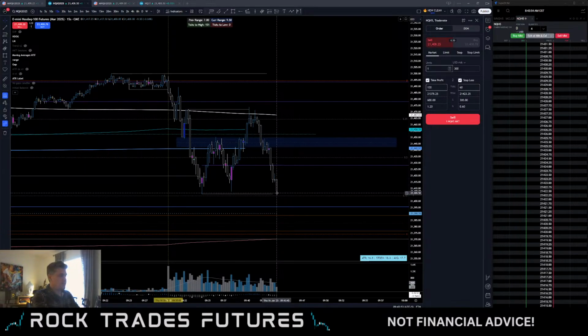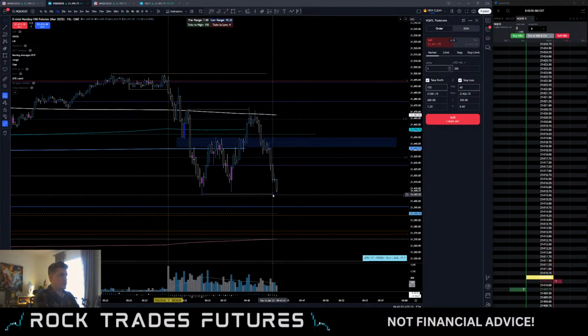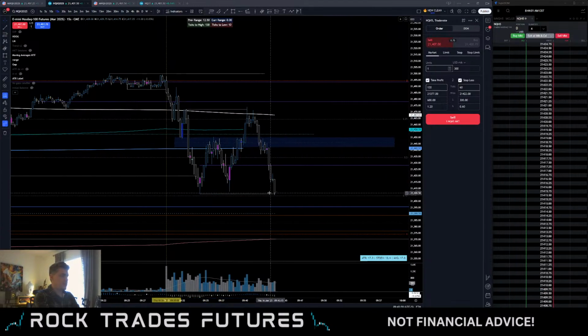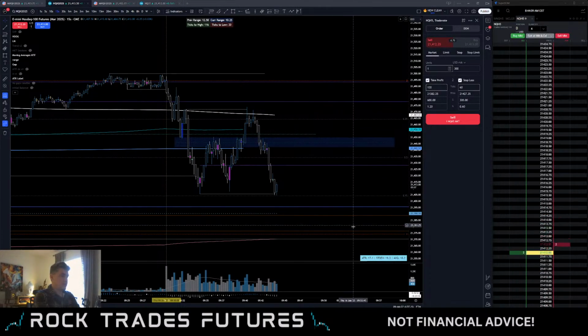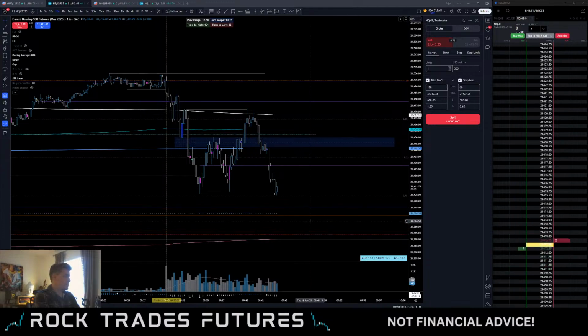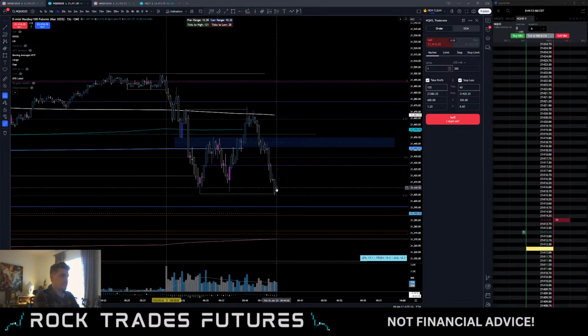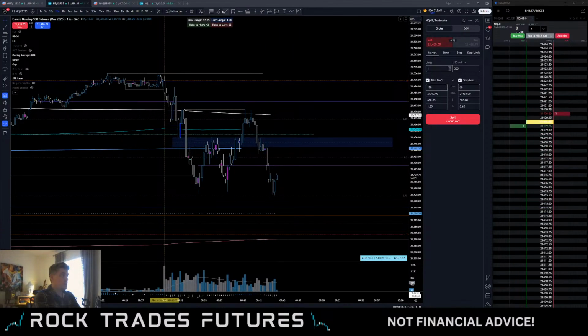Up close bar just before really clean liquidity target. So tickled the toes there. We're already more than 3/4 of the way filling in the open range gap. 50% retracement of this leg.